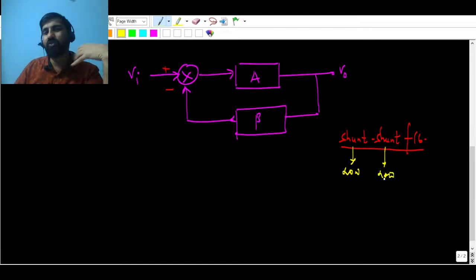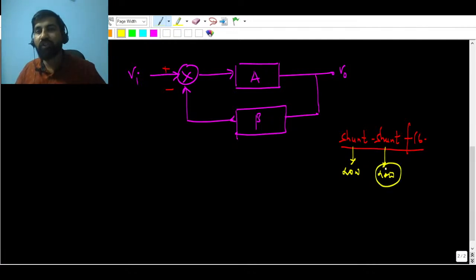You can also directly tell about the input resistance and output resistance of the amplifier. If the output resistance of the amplifier is low, it means that in the output you are taking voltage. So it is voltage shunt feedback.